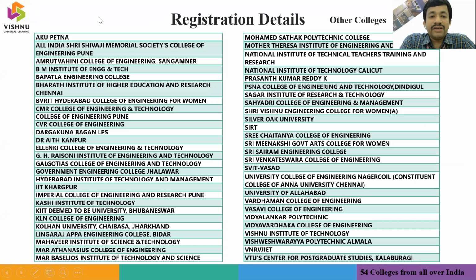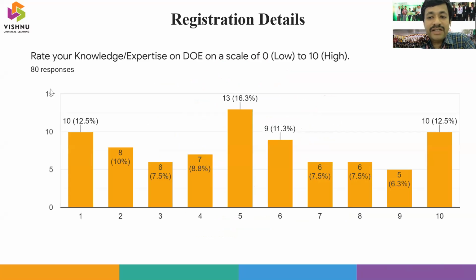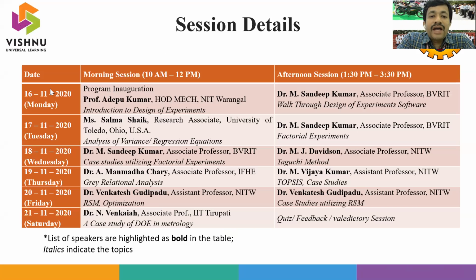Registrations have been received from engineering colleges across various parts of India, including premium institutions. The expertise also covers a wide range, from very low or no idea on DOE to experts.